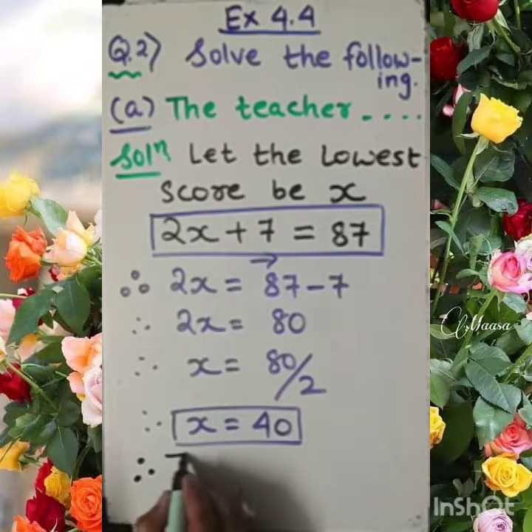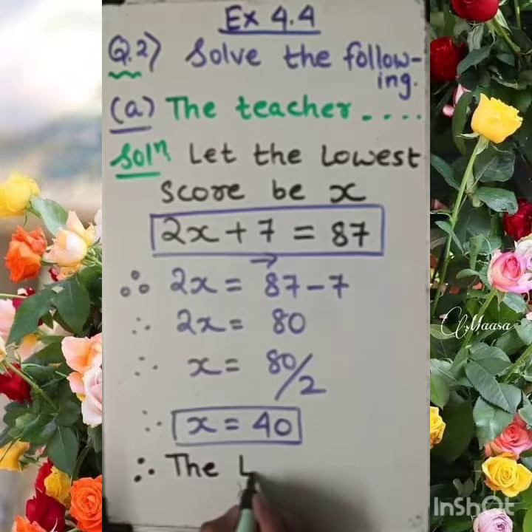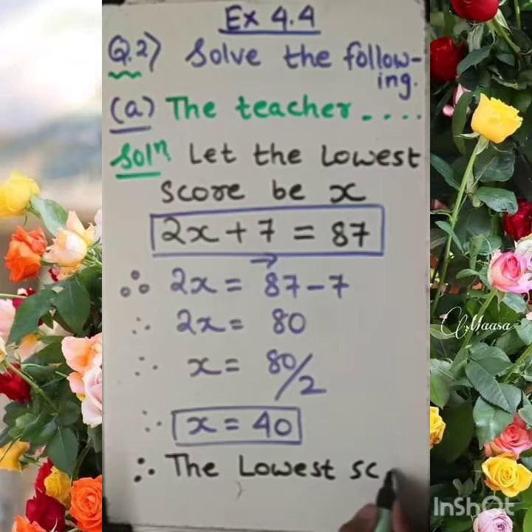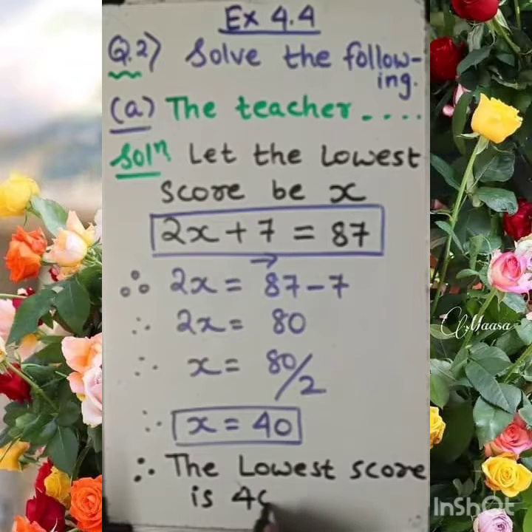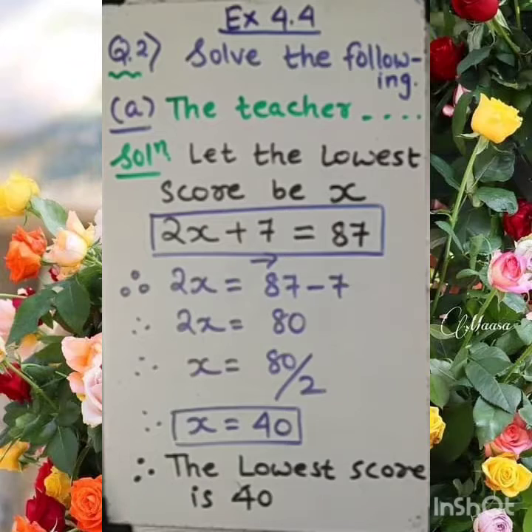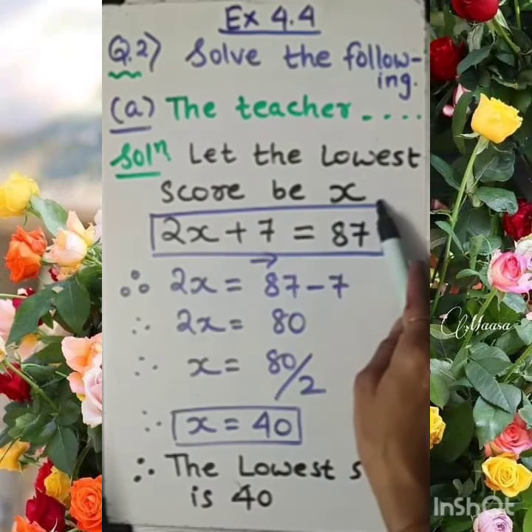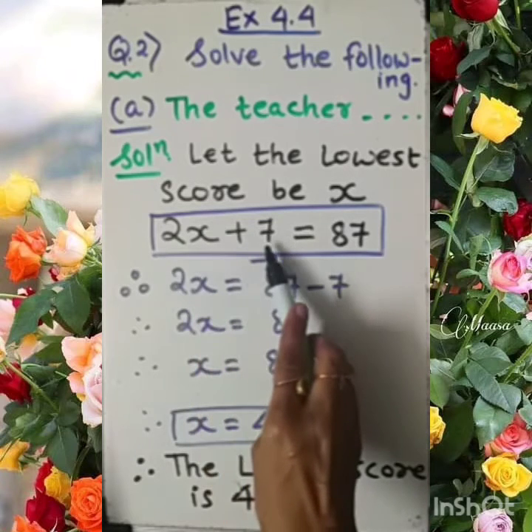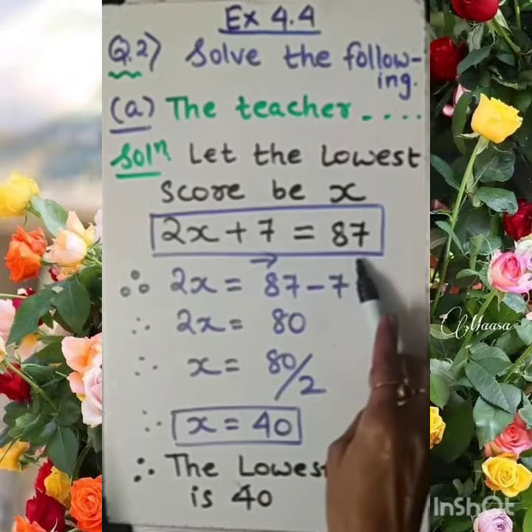Therefore, the lowest score is 40, for which we assumed the unknown variable x. Let the lowest score be x. Twice the lowest score is 2x, and plus 7 we are adding, the highest score is 87.